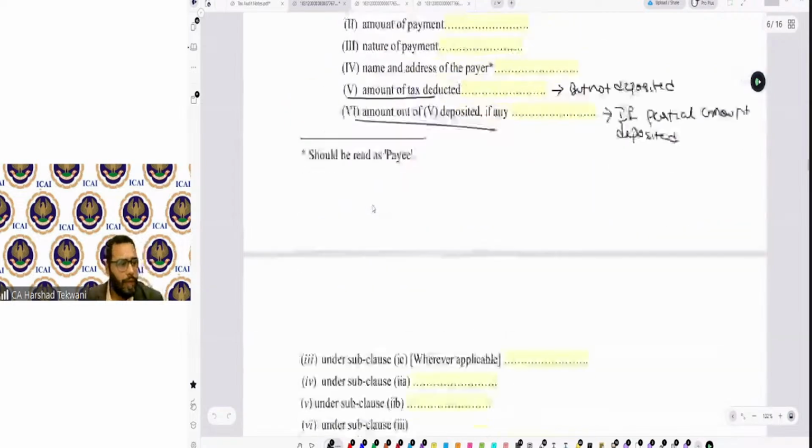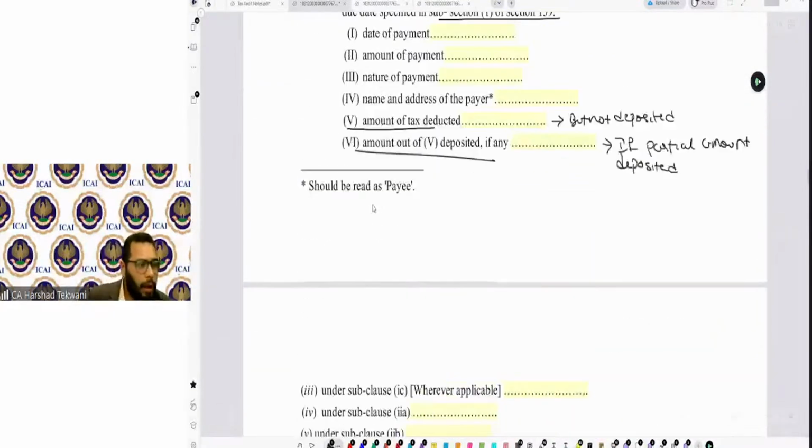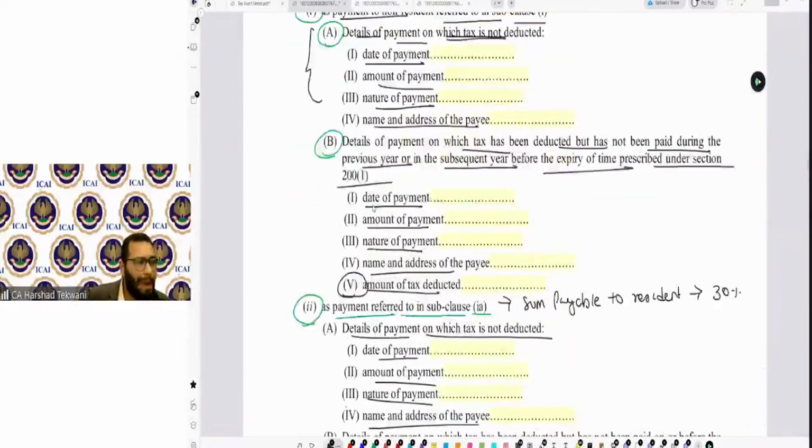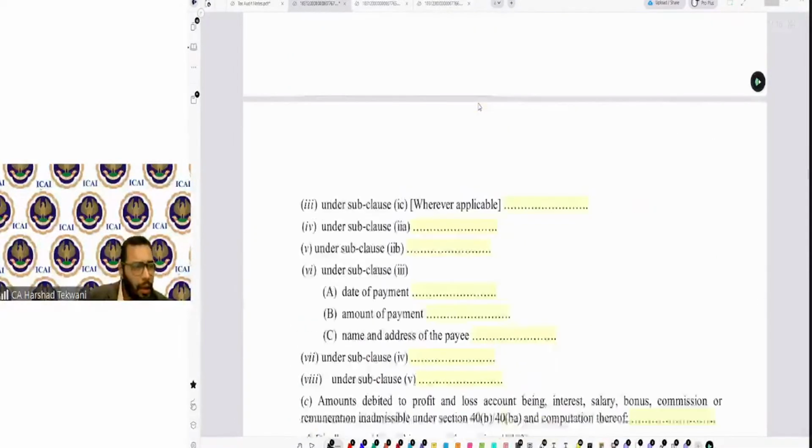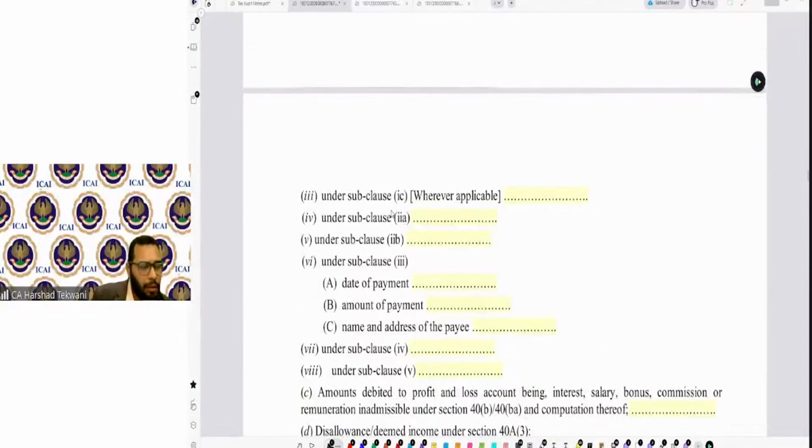Then we have clause 3, which refers to the payments inadmissible under Section 40A, subclause (ic). Now, what is (ic) basically? It talks about any sum paid on account of fringe benefit tax, if applicable. That's why it says where applicable.